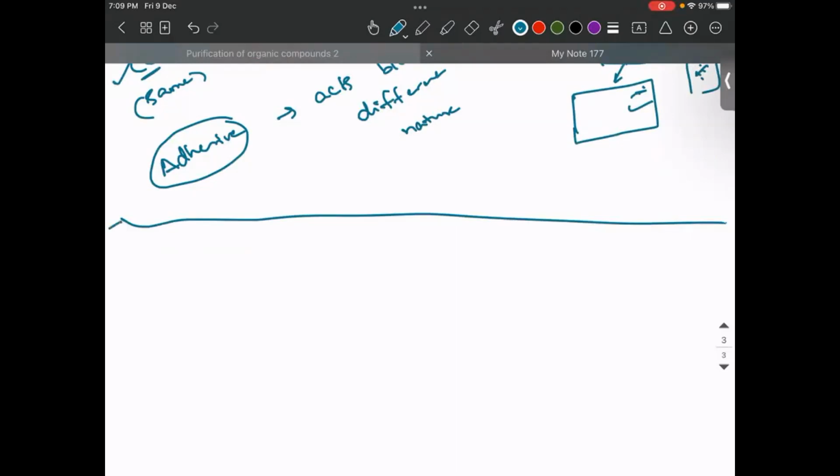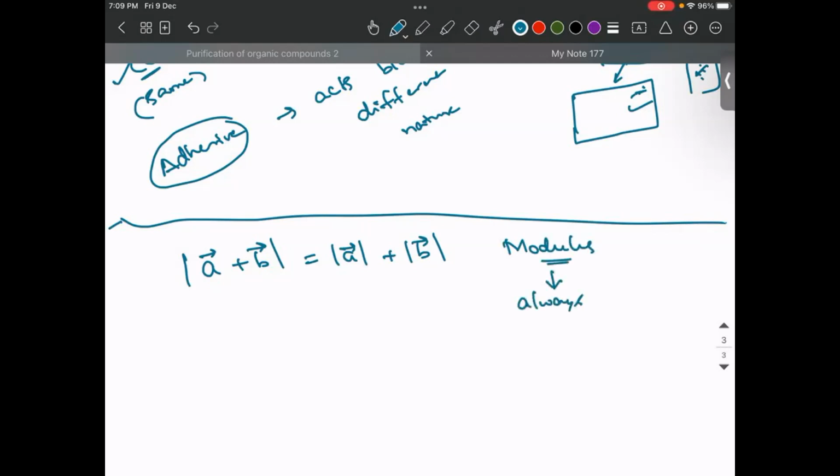Sir, if the mod of A vector plus B vector is equal to the mod of A vector plus the mod of B vector, then the angle between them will be? Remember, wherever modulus problems are there, always square both sides, that is the first step.